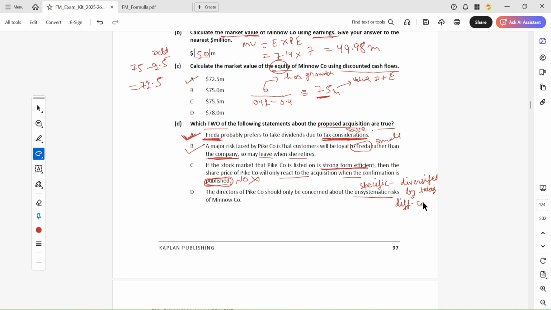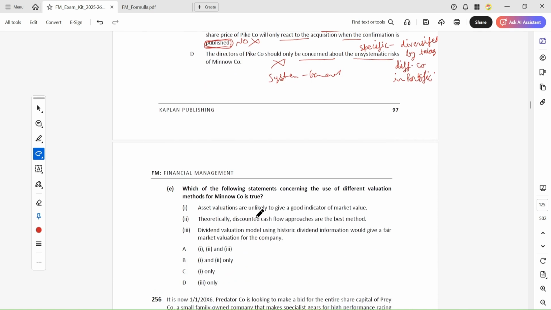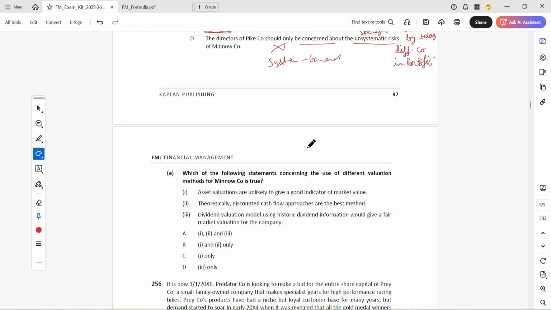Specific risk can be diversified by investing in different companies, so directors should not be concerned about this. Instead, they should be concerned about the systematic risk, which is general risk. So this is wrong.